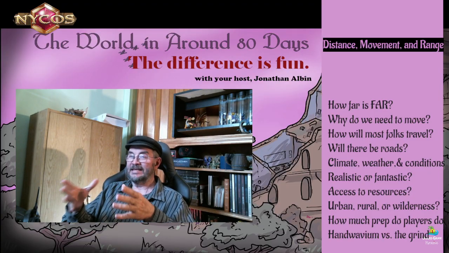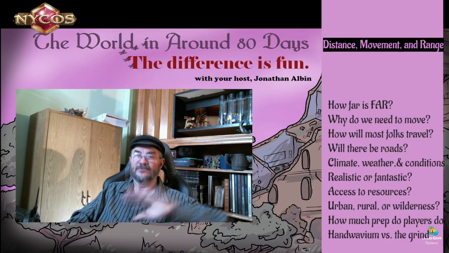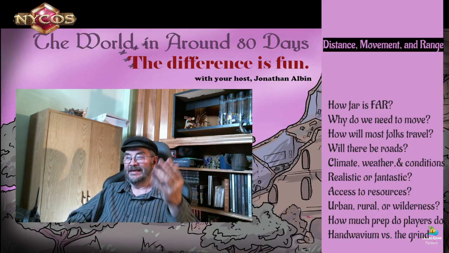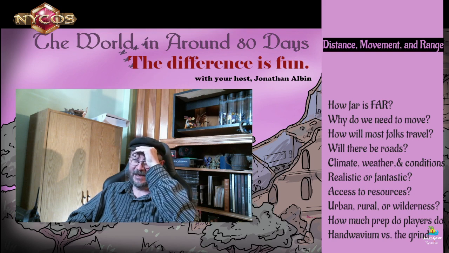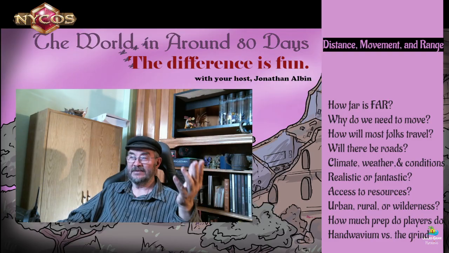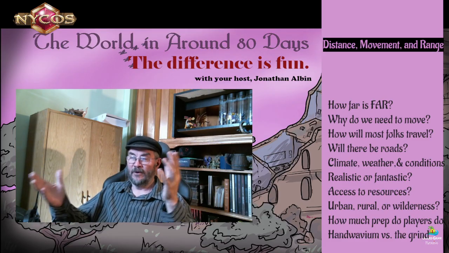Well, one of the things that comes into that is how far away is far. If you say, oh, that enemy is far to the north, well, how far is that? Is that 1 mile? I mean, walking a mile in America today is to a lot of people a pretty tough challenge. If you say it's 10 miles away, that's pretty significant. If you say it's 50 miles away, you're talking a full day of activity to get from point A to point B. So how far away is far?